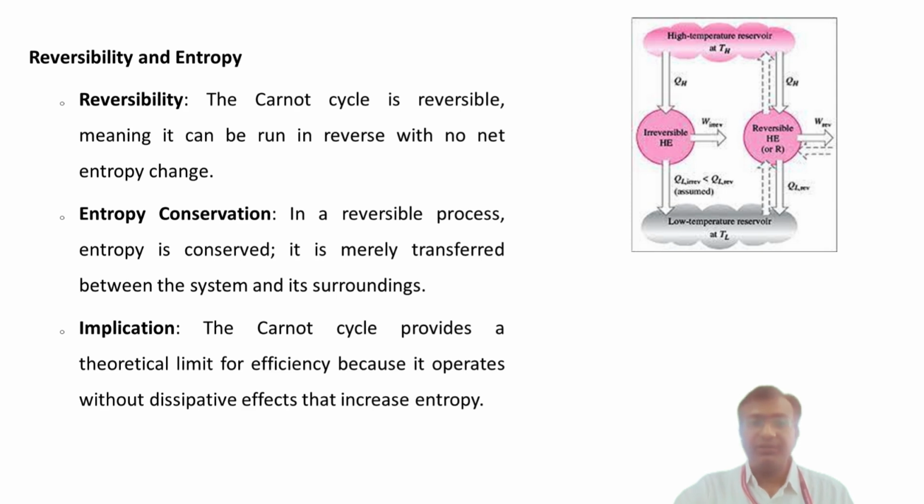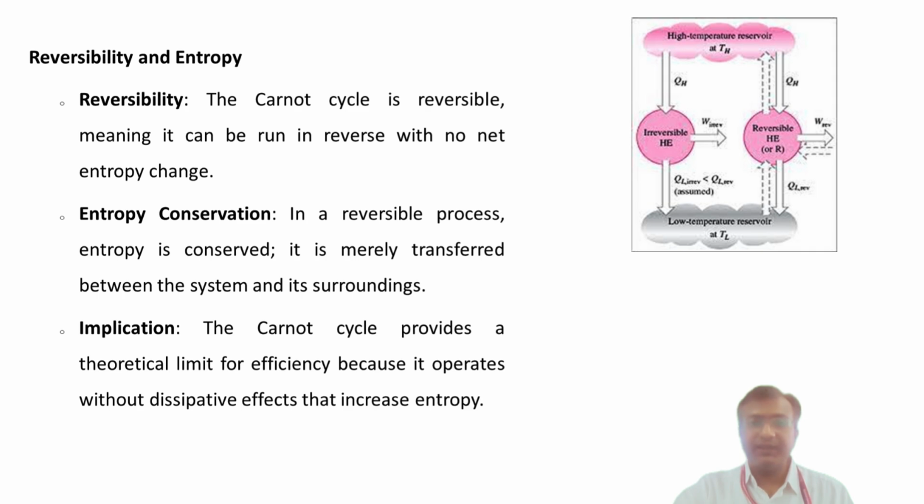The entropy change of the system is given by delta S is equal to QH divided by TH. The entropy change of the hot reservoir is given by delta S hot is equal to QH by TH. Now here, the total entropy change is given by delta S is equal to delta S system plus delta S hot, that is equal to 0.